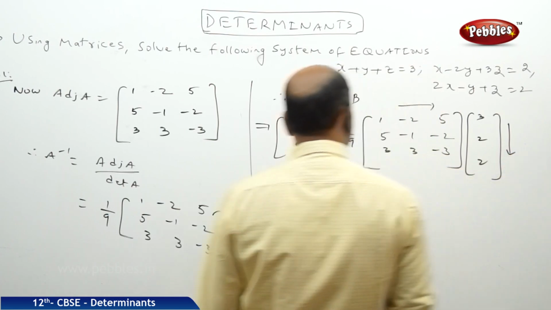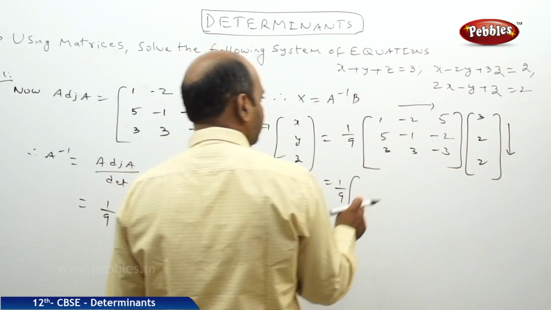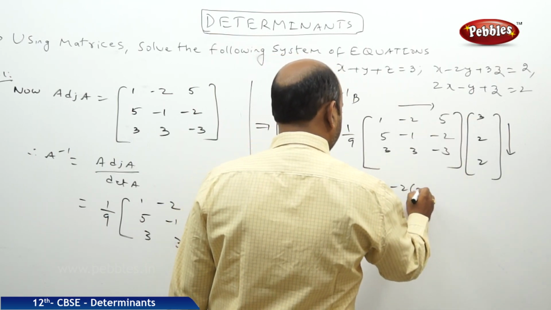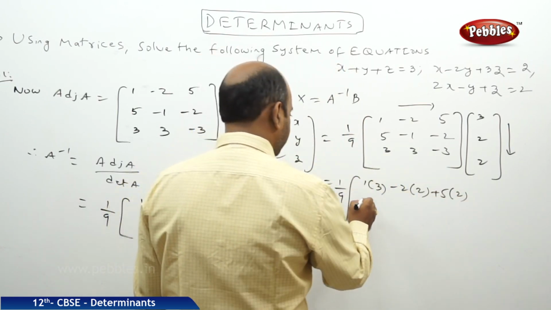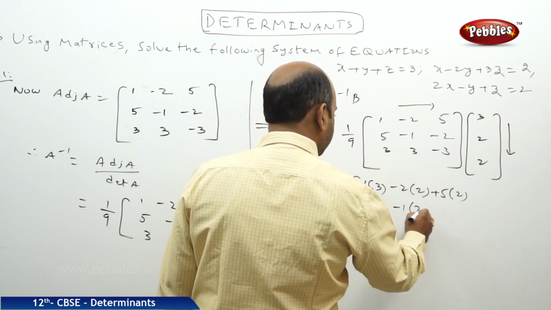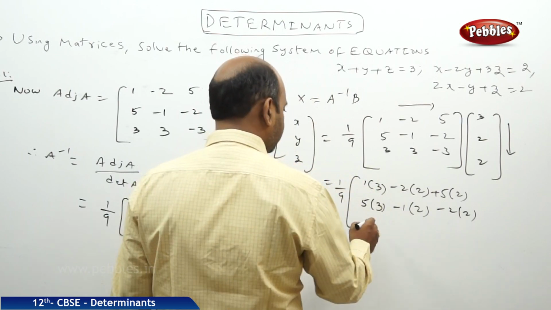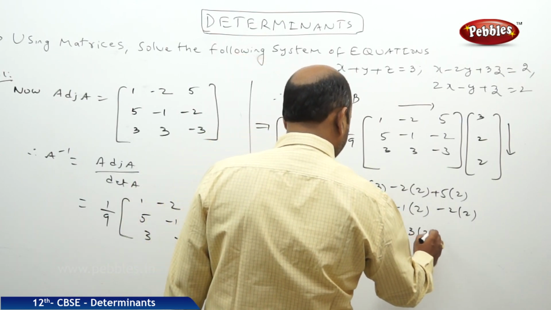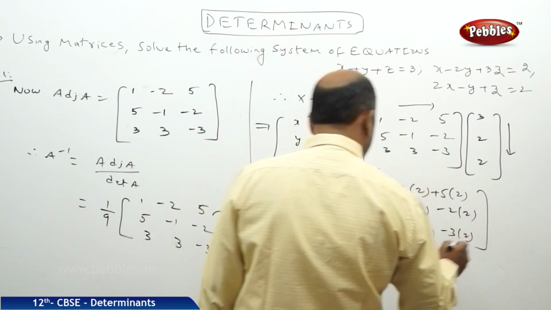Therefore, finally 1 by 9 into 1 into 3 minus 2 into 2 plus 5 into 2. Next 5 into 3 minus 1 into 2 minus 2 into 2. So 3 into 3 plus 3 into 2 and minus 3 into 2.